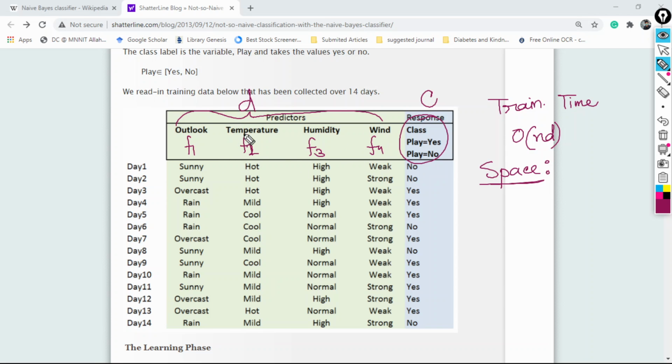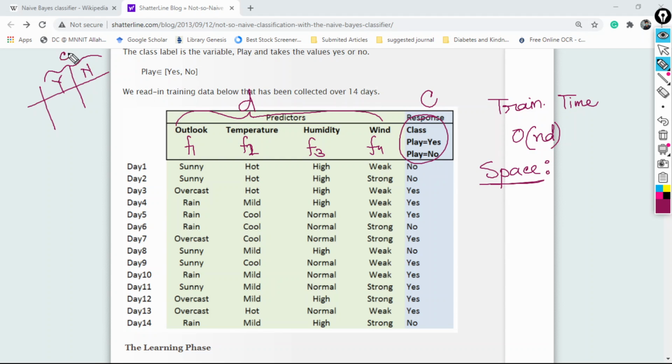We have to store these d tables. Actually we have 2 classes, y yes or no.